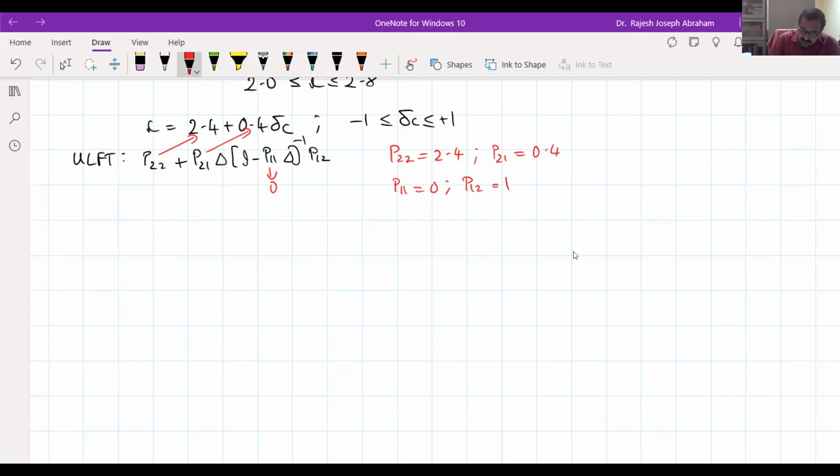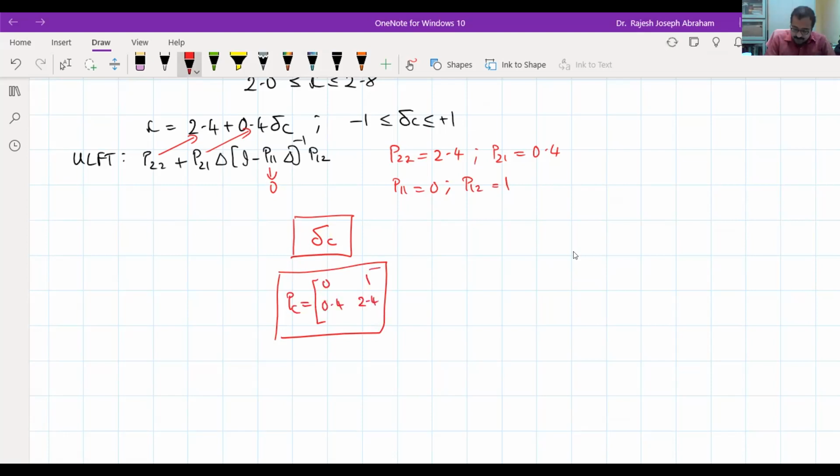So now I can represent this variation within the parameter C as a separate block, delta C. And here is my nominal plant model, where P11 is 0, P12 is 1, P21 is 0.4, and P22 is 2.4. This is connected like this.